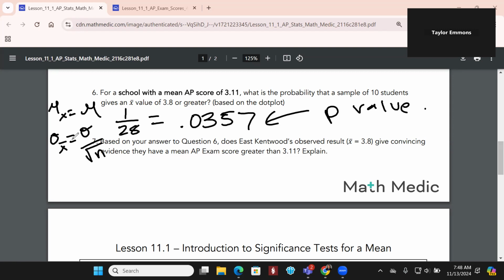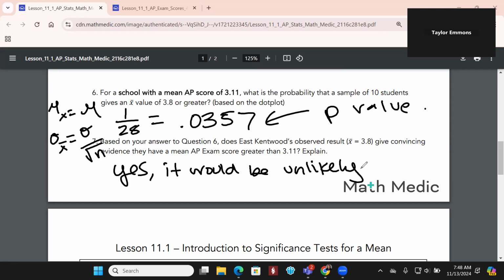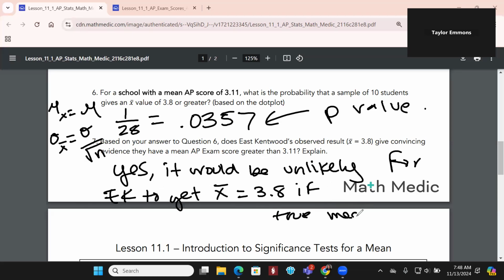Okay. So yes, we have convincing evidence. It's highly unlikely for East Kentwood to get an x bar of 3.8 if the true mean is 3.11.